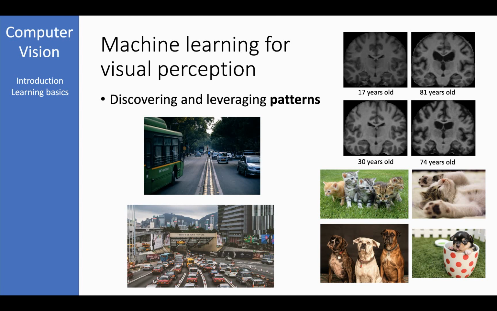Now, these patterns can actually be a lot more difficult as well. For example, on the top right here, I'll show you 4 brain images taken from individuals with different age groups. So here we see a person who's 17 years old, 30 years old, 74 years old, and 81 years old. Now, these are different individuals, but notice that the brain images of the older individuals are somewhat different than the younger individuals.